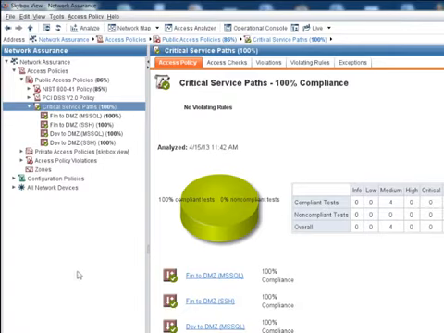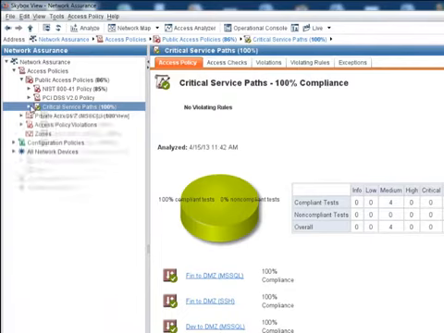This allows a company to describe paths that are needed to allow the business to run. So in this particular case, I have critical service paths. I have 4 checks happening in here, and anytime I make a change, I would always want to make sure that my critical service paths remained at 100% compliance.